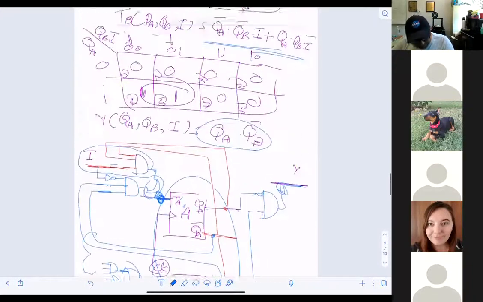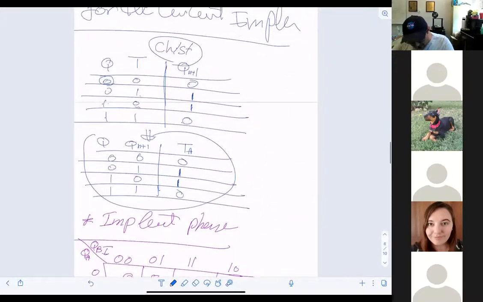Easy peasy, lemon squeezy. If I look at the T table, I will find the relation between T and Q. This table shows me T and QN, what is the relation between them?